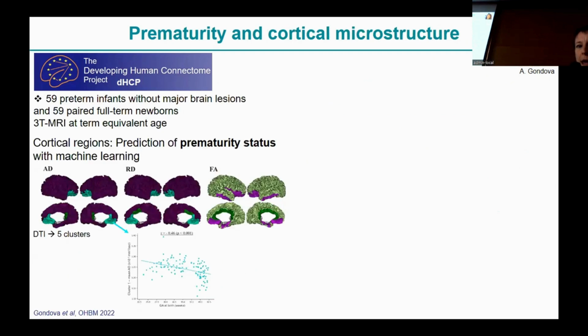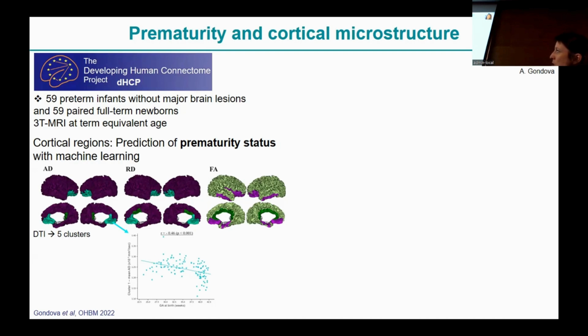In the following study, we wondered whether we can use these early measures to perform some kind of prediction in these infants from the DHCP. Andrea first considered whether she could use the cortical microstructure that Serena talked about a lot to predict the prematurity status of the infants. She considered the same group as previously, with preterm infants without brain lesions scanned at term equivalent age, and also full terms.